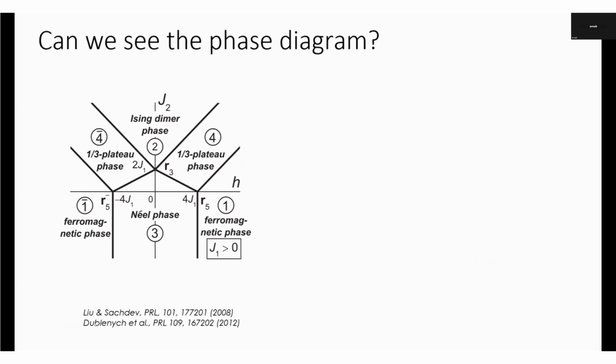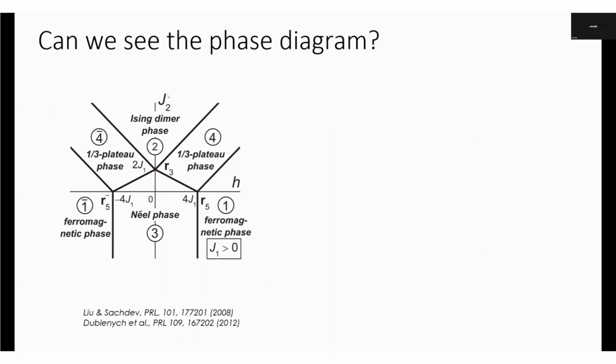So this was the phase diagram which was proposed by Dubliniak in this RL paper, where they found that as a function of J1 by J2, you can get to this Ising timer phase, the Neal phase. So the ferromagnetic phases are on the flanks for higher magnetic field.